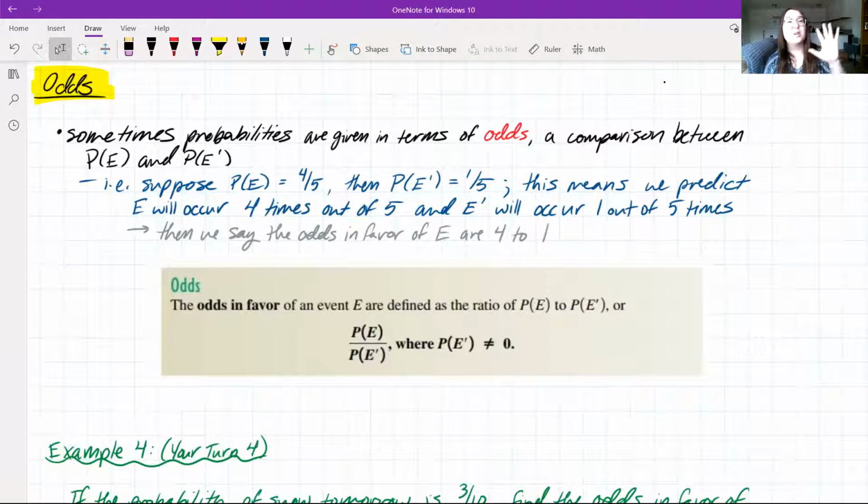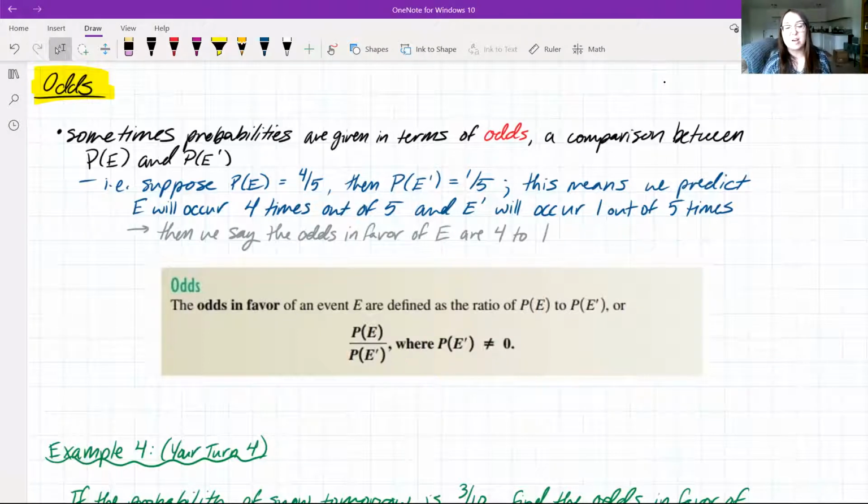Whenever we say odds, we say our odds are in favor or our odds are against. In this case, since the probability of E is 4 out of 5 times, and the probability of E prime is 1 out of 5 times, we're going to say that the odds favor E, because it is going to happen 4 times out of 5 in comparison to E prime, which is 1 out of 5.